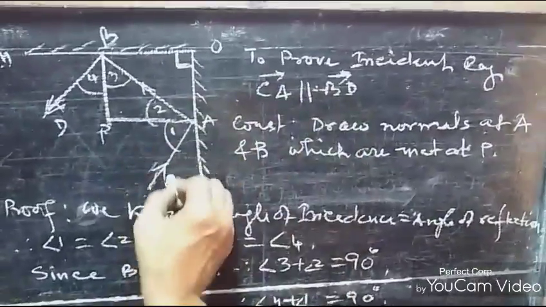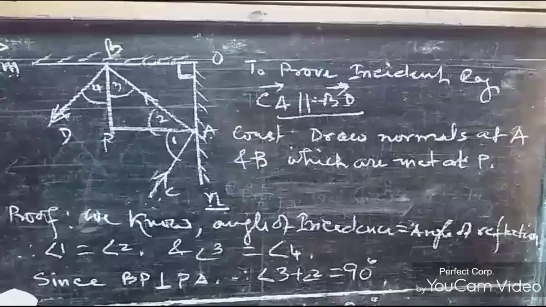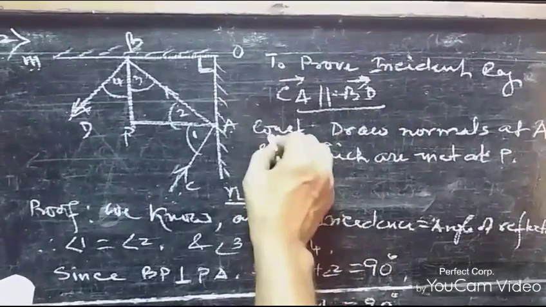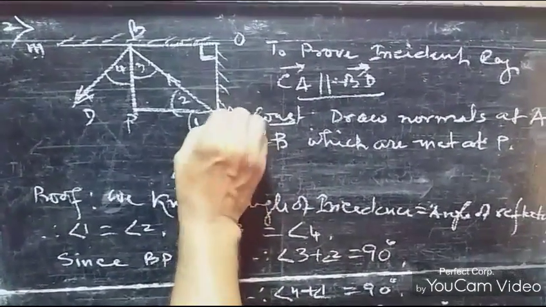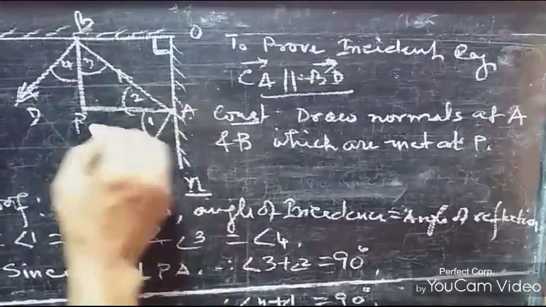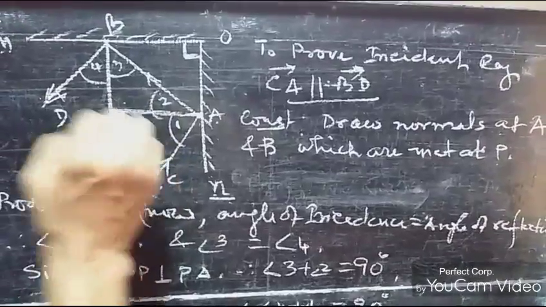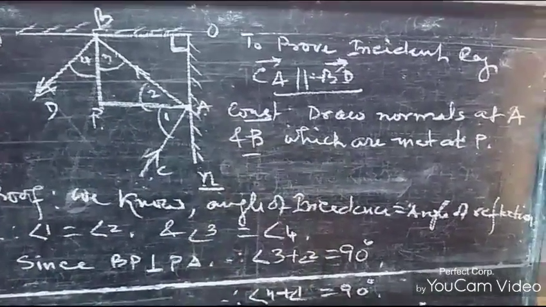We need to prove that CA is parallel to BT. Now here construction is needed: at point A and point B, draw normals to the two mirrors, and they will intersect at point P.